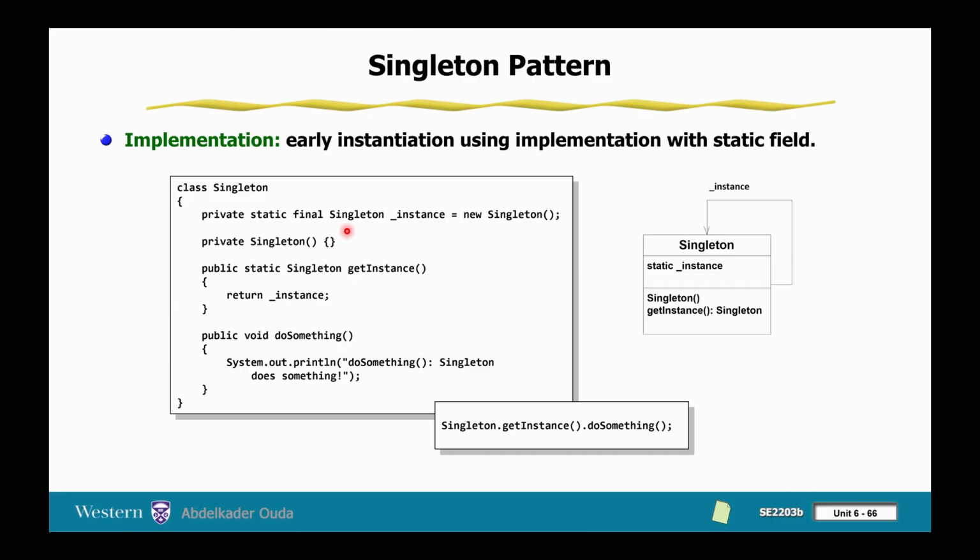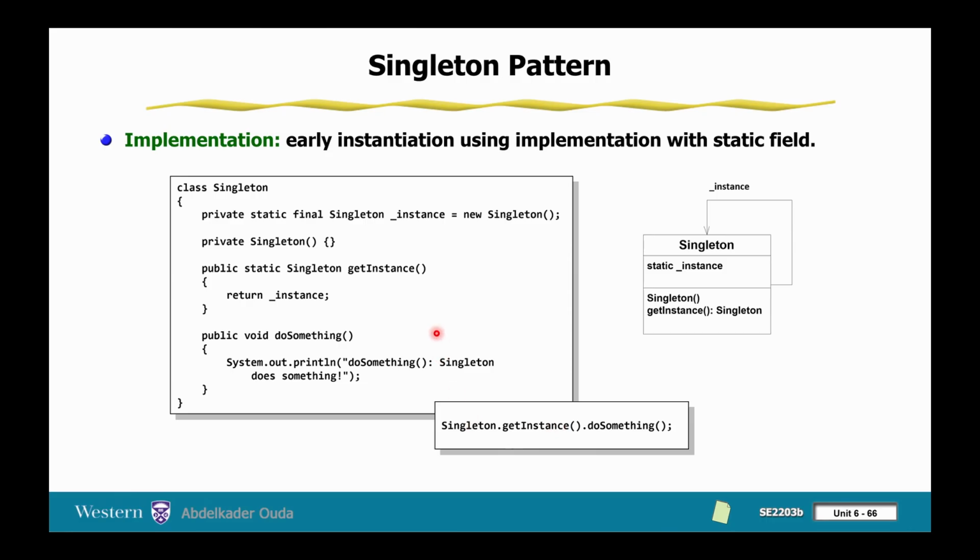The first one checks if it's null. If it's null, you create it. If not, just return. The second one creates it anyways. That means even if we don't need to use it, it is still created. When we use it, we use it when we call the method getInstance.